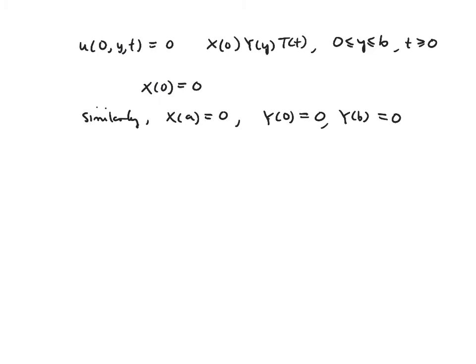We don't need to do the whole search through all the positive, 0, and negative potentialities for the eigenvalues. Let's jump right to it. I'm going to call X_m of x the x solutions, which are sine functions, you might remember.